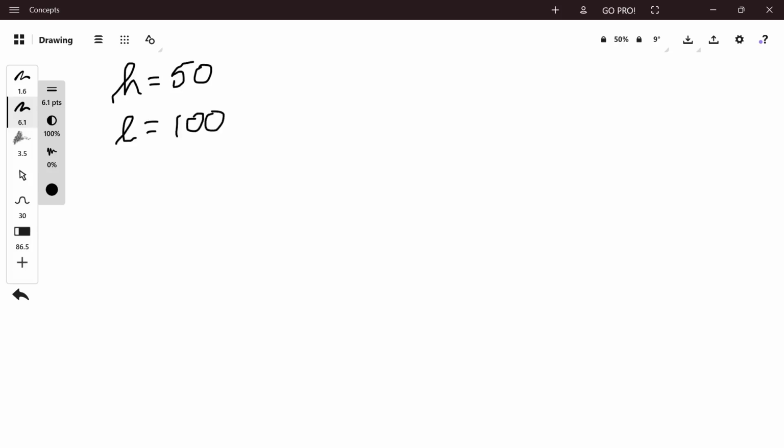The relationship between the angle and opposite side and hypotenuse is given by the function sin theta is equal to opposite upon hypotenuse, that is h upon L. Substituting the known values, we have sin theta is equal to 50 upon 100, which is equal to 1 by 2.